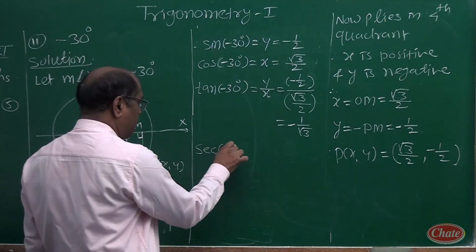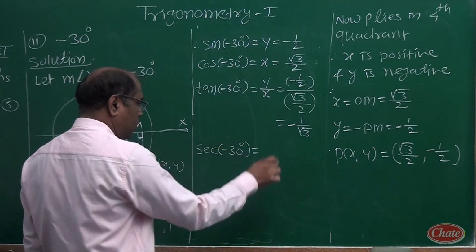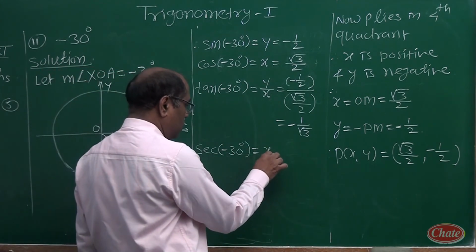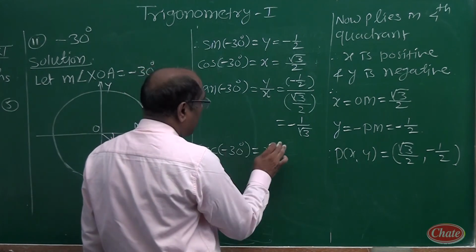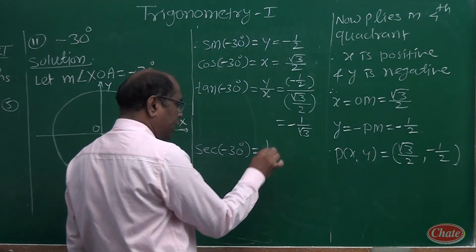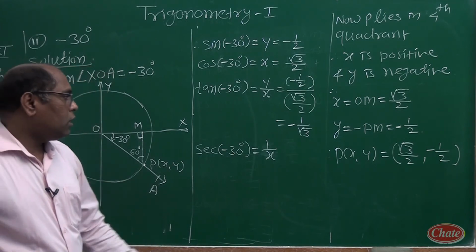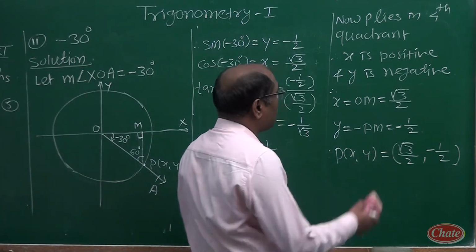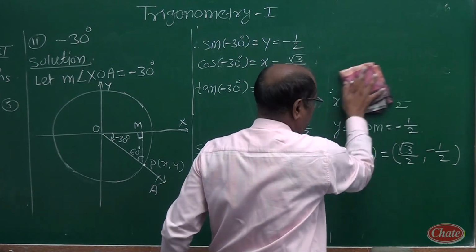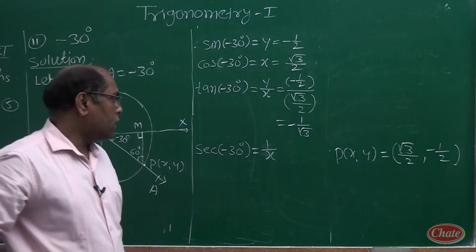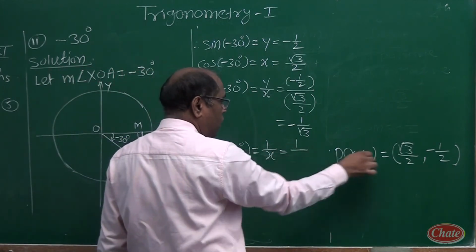Then what is sec of minus 30 degree? Sec of minus 30 degree is equal to 1 upon x. Sec theta is 1 upon x. So what is the x coordinate here?